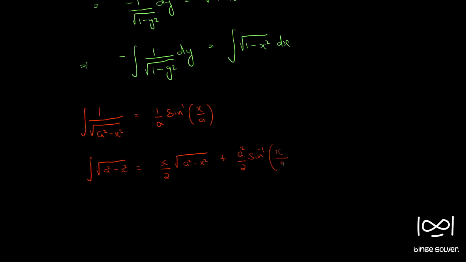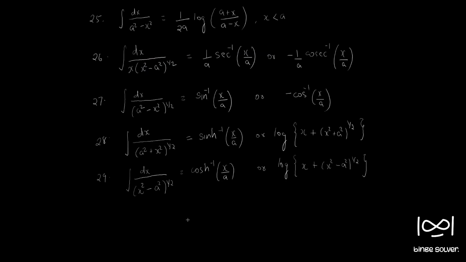So let me just cross check whether I have made any mistake. Sine inverse x by a, there is no 1 by a here, that was a mistake.